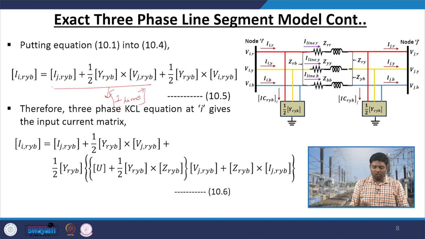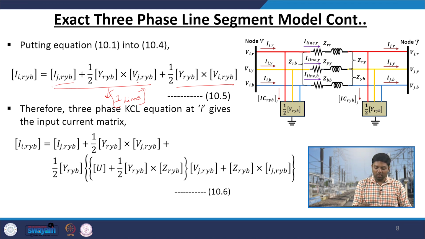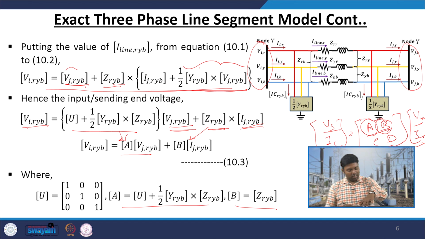If we put that value, plus you have this portion, again you do some rearrangements. This is your receiving end current, this is your receiving end voltage. So, take these things common, plus you put this V_I RYB; we have derived the sending end voltage also in 10.3.